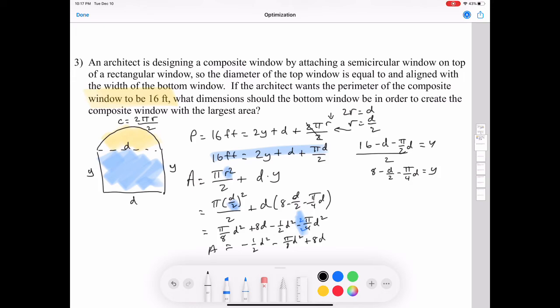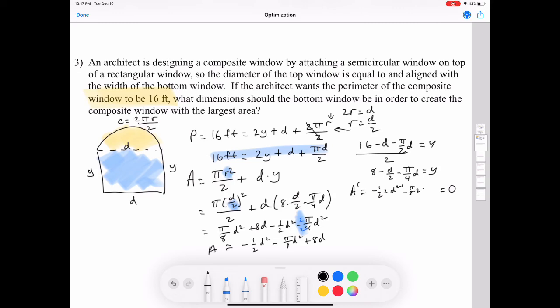So if I go ahead and take the derivative, a prime, because we're trying to optimize area, we're going to set this equal to 0. So the derivative of a is negative d minus, let's actually write it out for you guys. It's going to be, bring down the 2, so negative 1/2 times 2 d to the 2 minus 1 minus pi over 8 times 2.